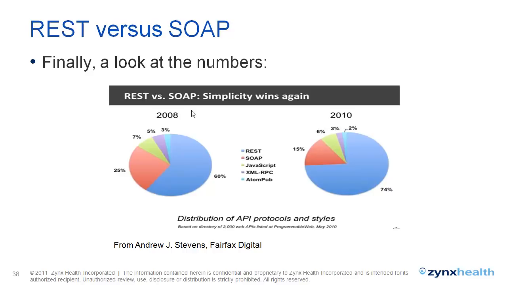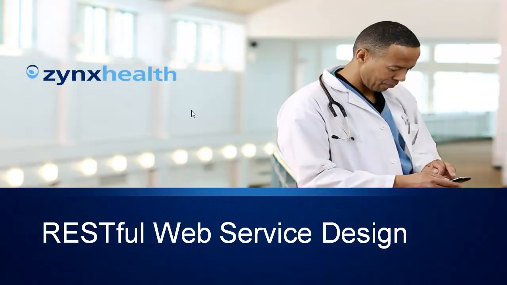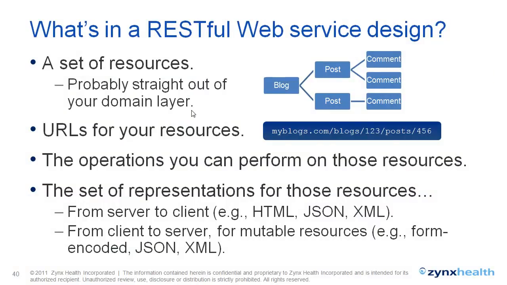So if you're still here, you're probably interested in how one goes about actually designing a RESTful web service interface. The fundamentals basically involve identifying what your resources are, and these may very well come straight out of your domain layer.